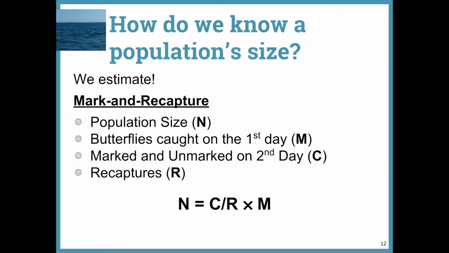And the way that we do that can be done by a technique called mark and recapture, in which organisms are captured and then released on different days. Butterflies, such as monarchs, are captured in an area. They're marked with some sort of sticker or a magic marker or something like that, and then they're released.